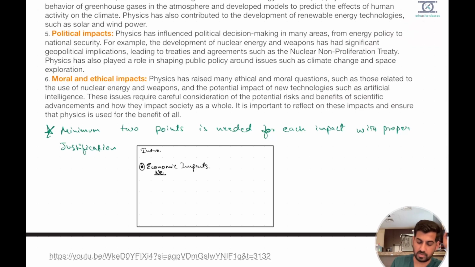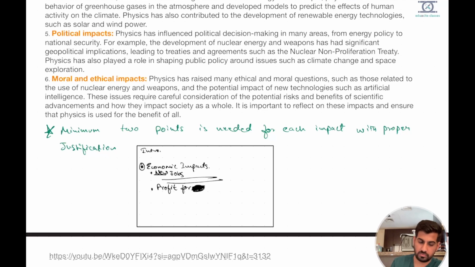Like under economic impact, new jobs. So I make a heading, new jobs, and I will explain it in 1 or 2 lines. Another point I will write down is profit for company or profit for individual, whatever type of profit you can say.